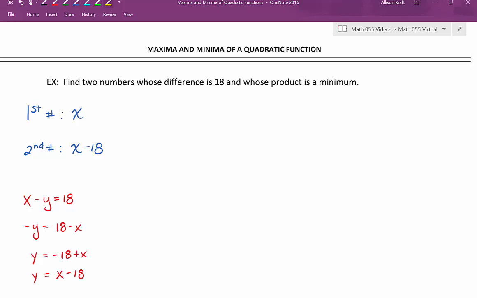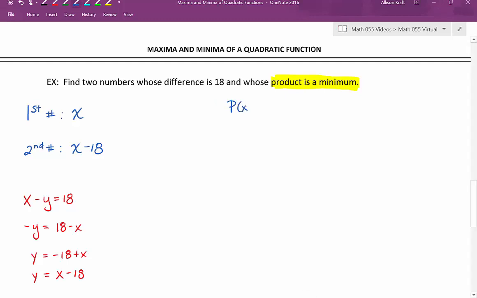Now we need to write ourselves an equation. We're finding two numbers whose product is a minimum. Since the product is what is the minimum, we need the product to be our equation. We know product just means multiply together. I'm going to use P of x for product.